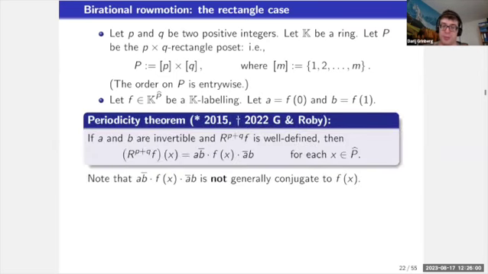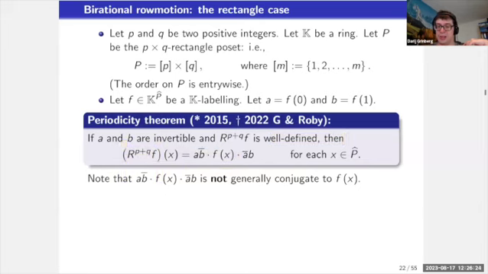Now, we claim that if you apply birational row motion over a non-commutative ring P plus Q times, then you get your original labels back, but not immediately. Instead, you get them back, but they're flanked on the left and on the right by certain constant terms. A, B inverse on the left, A inverse B on the right.